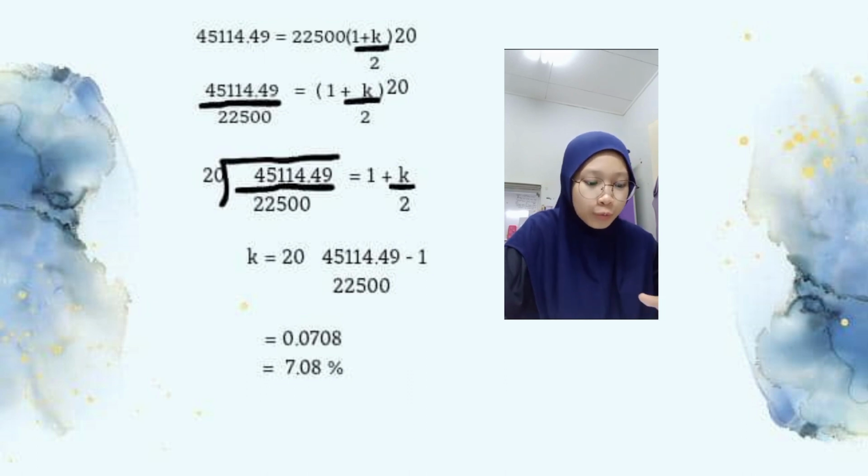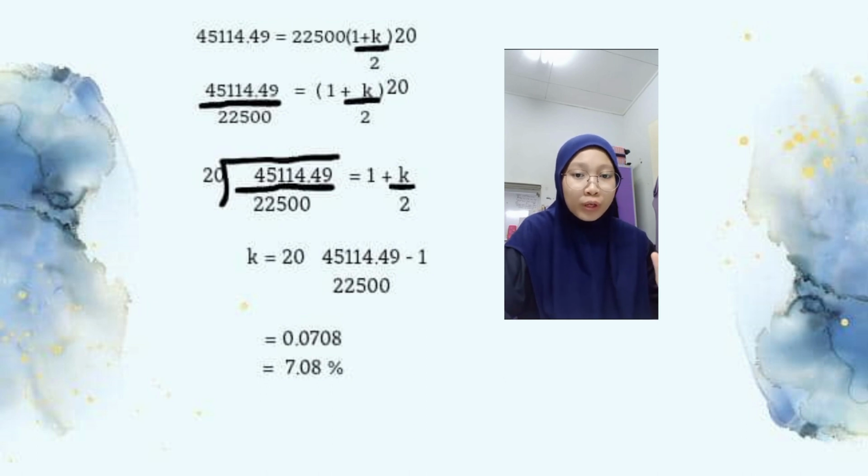So we get K equals the 20th root of 45,114.49 divided by 22,500, minus 1, because you change the places. Firstly the symbol is plus, and when you change the place, you must use a minus. Then bracket to the power of 2.